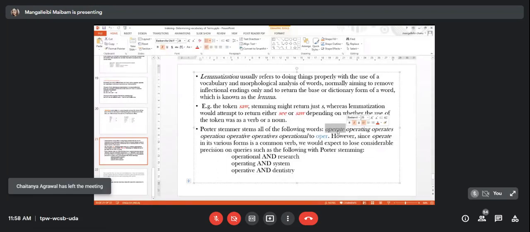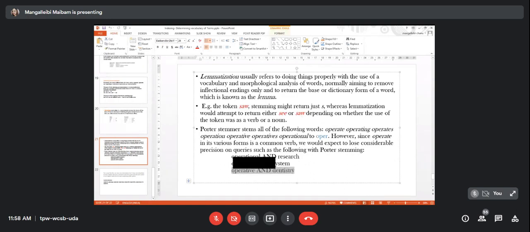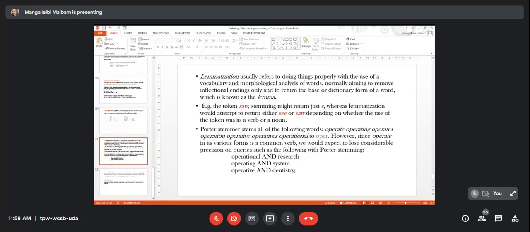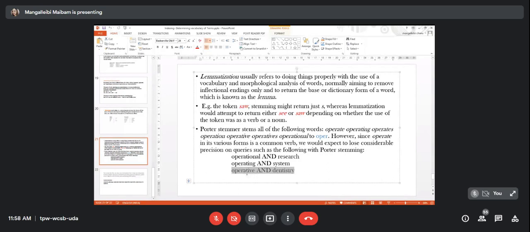So for operating system, operate and system, we have to check whether it is matching or not. Operative, if you write operate and dentistry, it is matching. If you write operate, it is matching, right?